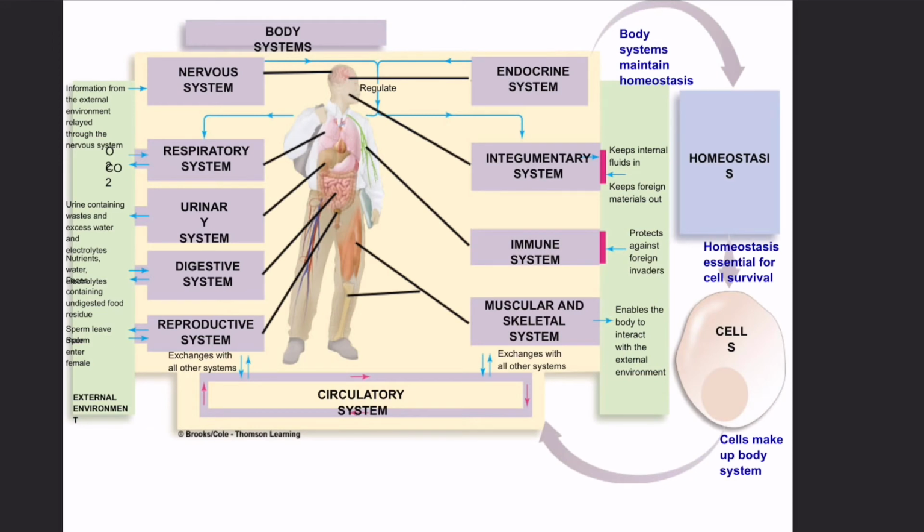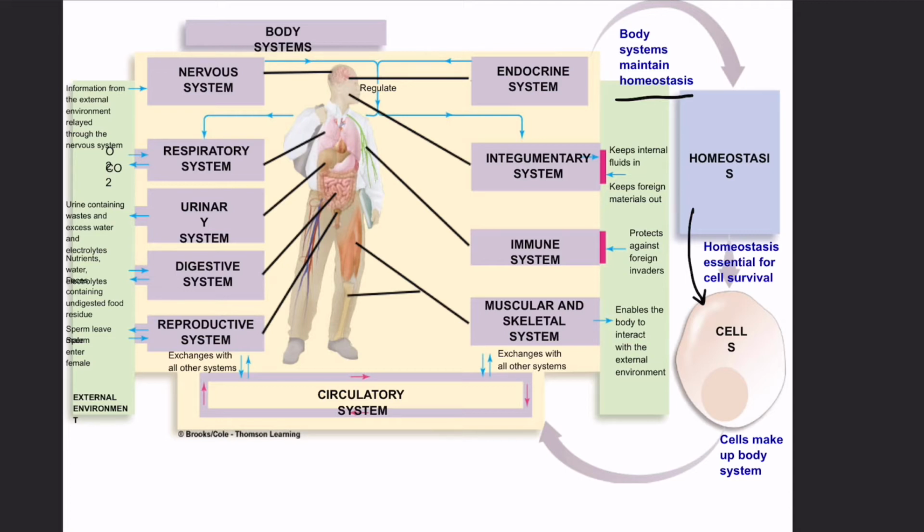In human anatomy, you learned about your body systems, which are composed of different organs, and we will learn this semester how our body systems work together to maintain homeostasis. Because maintaining homeostasis is essential for our cells' survival. Perhaps you can think of some examples of cells that are working under specific conditions.